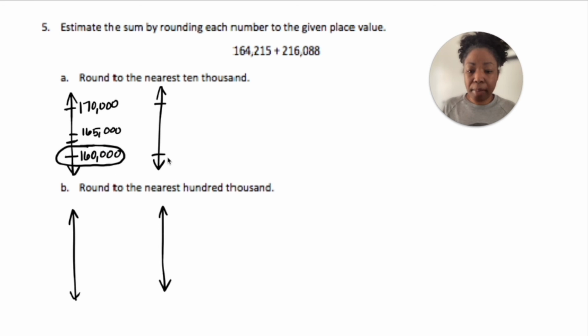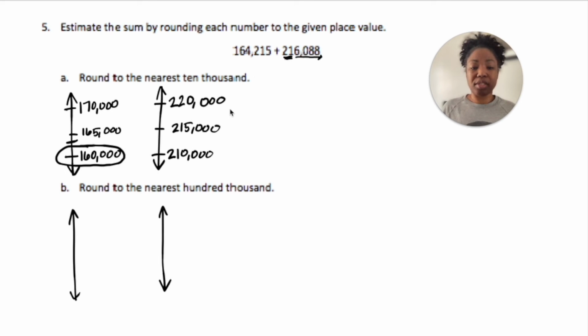For the other number, we have 21 10,000s, or 210,000. Notice it's the same. It's just that everything behind the 21 is 0. One more is 22, which is 220,000. And halfway is 215,000.